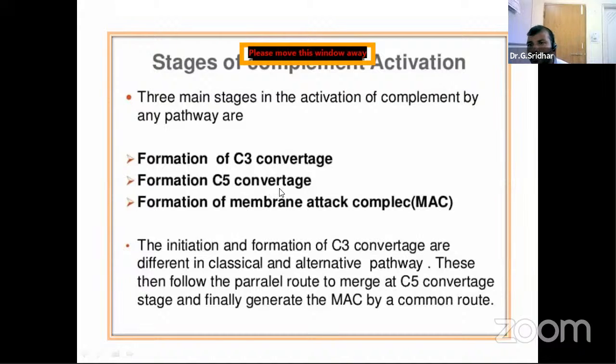This C5B will go and bind to C6, C7, C8, and C9 and form the MAC, the membrane attacking complex. This membrane attacking complex has a bore-like structure, which goes and binds on the cell membrane and bores the cell membrane, then lyses the cell by releasing different types of lytic enzymes. The initiation phases of C3 convertase are different in the classical and alternative pathways. These then follow the parallel route to merge at the C5 convertase stage and finally generate the MAC by the common route.